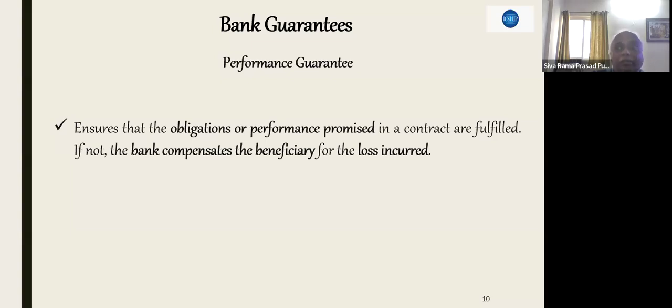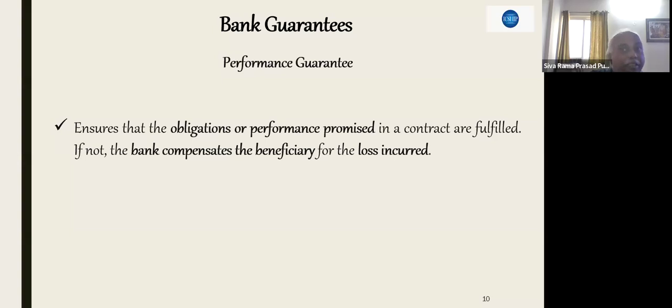Performance guarantee ensures obligation or performance of promise in a contract are fulfilled. In the earlier example, the performance of the contract, particularly the road contract of 10 kilometers, 4 lines, that is to be completed within a span of 2 years. If not, then the government will incur some loss. That loss at the time of a tender, they will mention 20 crores.